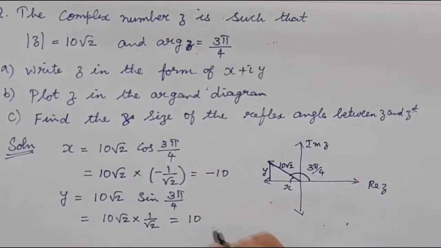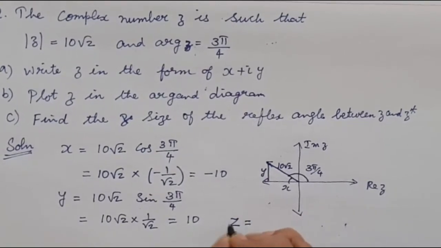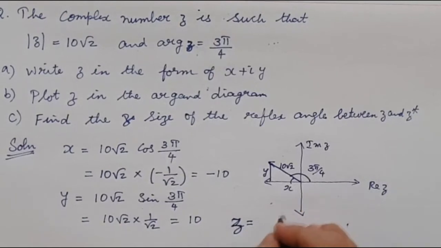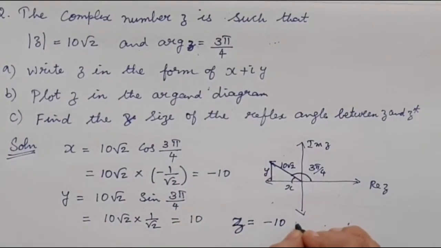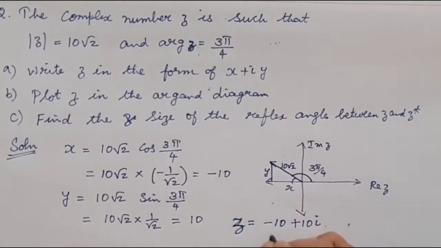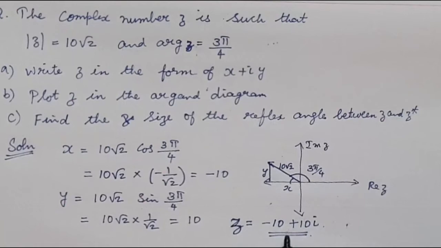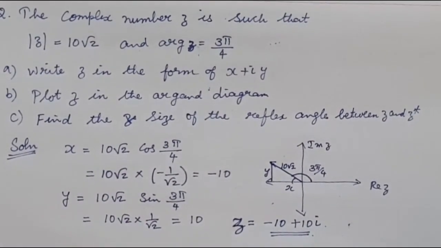So that will also be equal to 10. So our complex number z will be equal to, the x value is minus 10 and the y value is plus 10, so it is 10i. This is the real part. So we have found the complex number in the form minus 10 plus 10i.